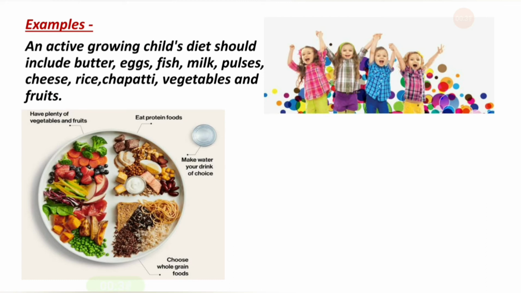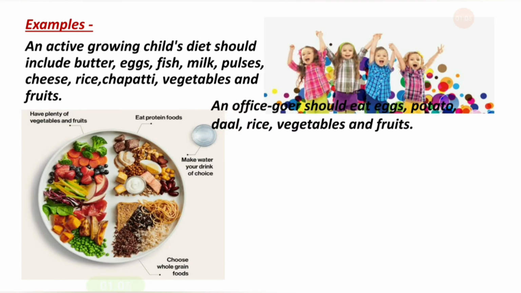So the example given is that a child's diet should include butter, eggs, fish, milk, pulses, cheese, rice, chapati, vegetables and fruits. All kinds of nutrition a child should get for its growing years.